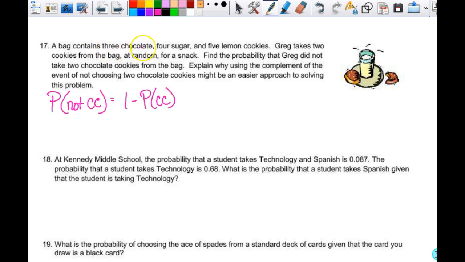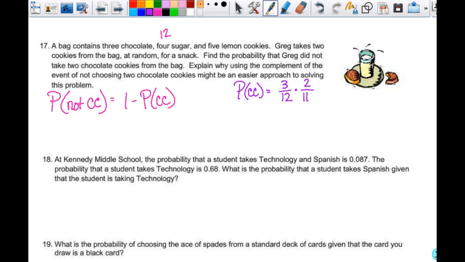So we've got 3 chocolate, 4 sugar, and 5 lemons. So that's 9, and 3, that's a total of 12. And so if I'm looking for the probability of 2 chocolate chip cookies, how many would we have? 3 chocolates. So it's going to be 3 out of 12 times, because we've got 2 events going on here, 2 out of 11.